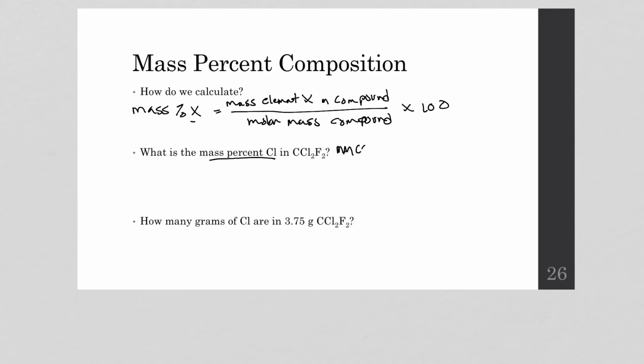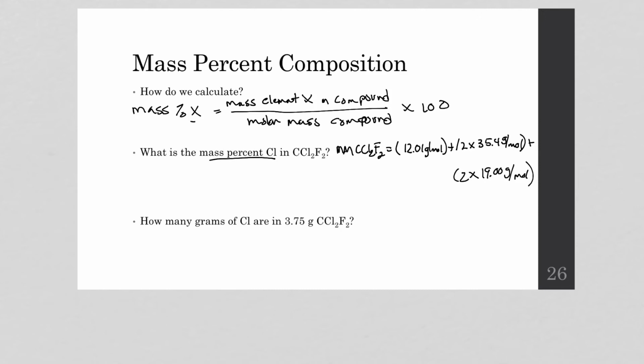So the molar mass of CCl2F2 is going to be 1 carbon, 12.01 grams per mole, plus 2 times chlorine, which is 35.45 grams per mole, plus 2 times the mass of fluorine.